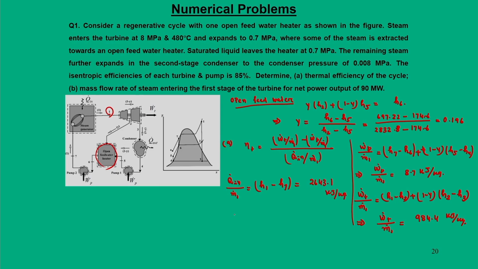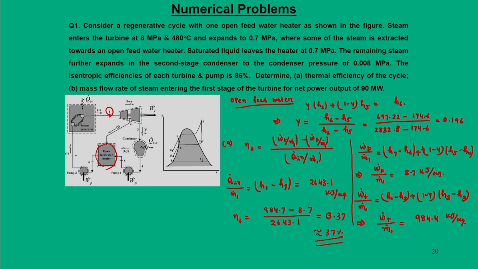Noting all these numbers, the thermal efficiency of the plant is (984.7 minus 8.7) divided by 2643.1. So, this number is 0.37 or approximately 37%.